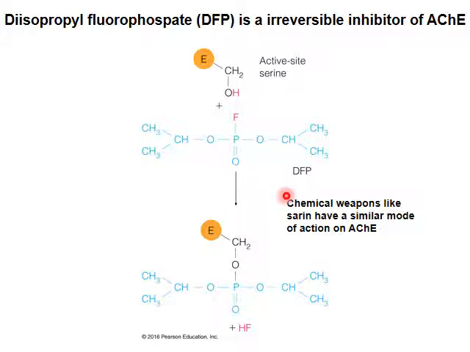So chemical weapons like sarin gas have a similar mode of action on acetylcholine esterase. You basically modify the enzyme, it's no longer active. So if you don't have active acetylcholine esterase, nerve propagation cannot be shut off. So muscles will continue to contract even though they don't need to be contracting, and that's going to cause all kinds of issues.